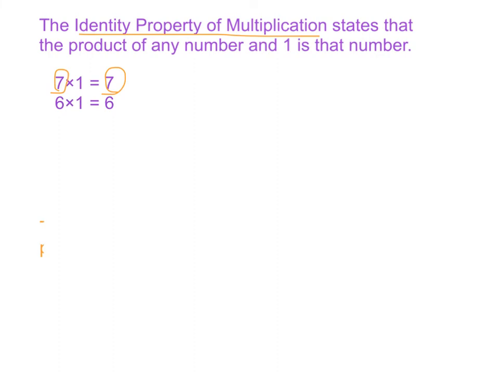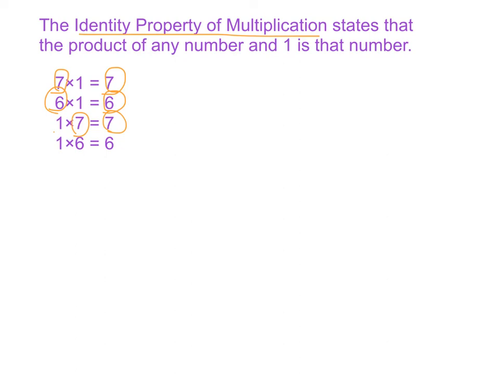Again, the product is the same as the number. Another example is 1 times 7 equals 7. Again, notice that the product is the same as that number. And one last example. 1 times 6 equals 6.